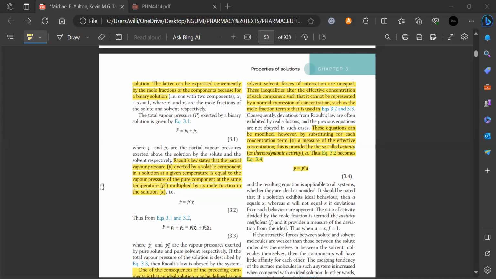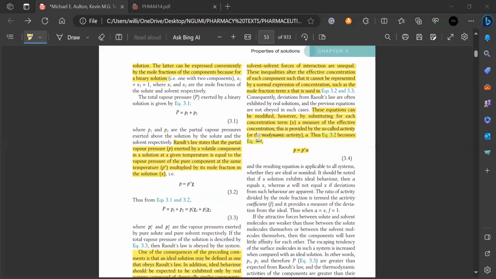So for these equations of non-ideal solutions, we substitute for each concentration X, as a measure of the effective concentration. X is our mole fraction. And now we can tell which amount is which by using the thermodynamic activity.